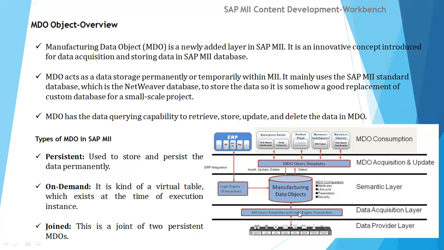Or even for complex logic, you can write business logic, which is nothing but a transaction in MII. So by using an MII query and transaction, you can extract the data from your source system.